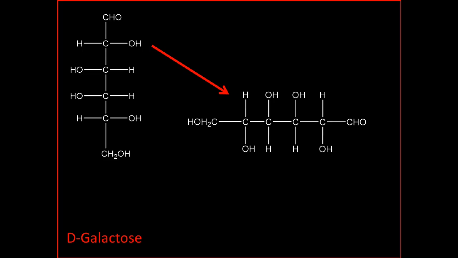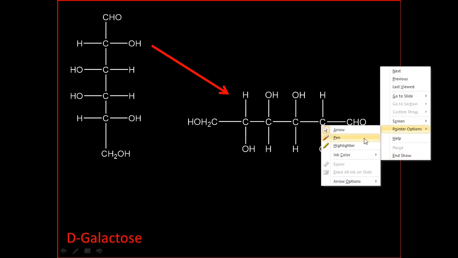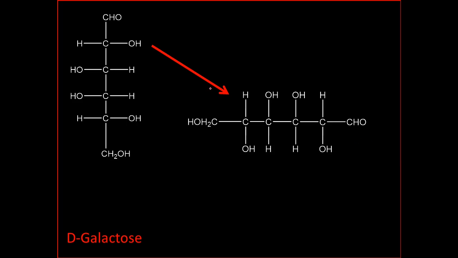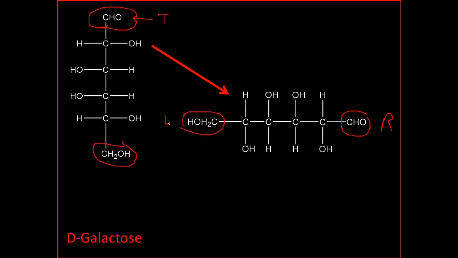So, how to lay down this compound? Let's just focus first on the head, or the CHO group, the aldehyde group. If it's on the top, the head, it will be on the right position. Then we have the tail, the CH2OH. It will be on the left position when we lay down the molecule.